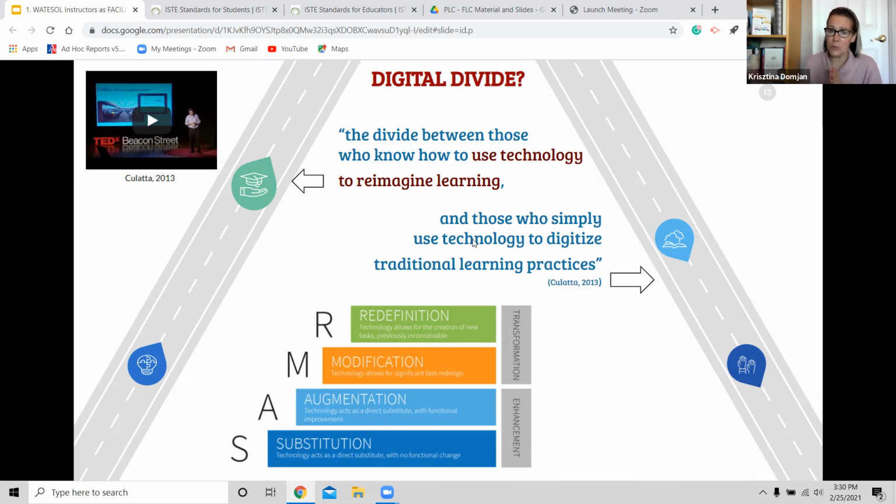The divide between those who know how to use technology to reimagine learning and those who simply use technology to digitize traditional learning practices. Culatta claims that technology, digital devices, can actually help facilitate learning and help include all learners.